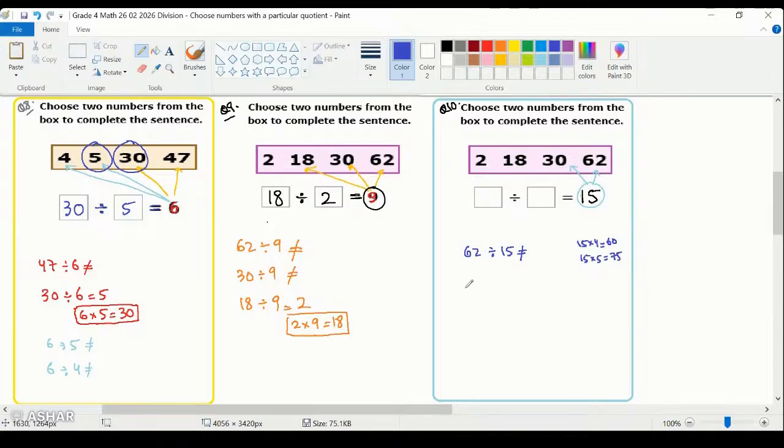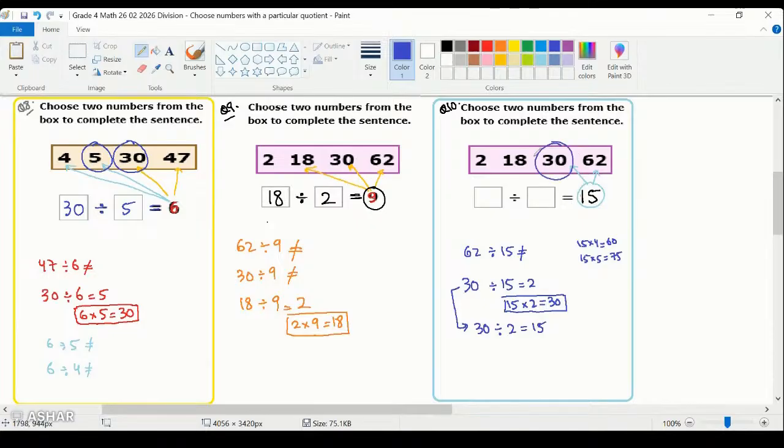But if 30 was divided by 15, we can say 2. That means 15 multiplied by 2 is 30. Or we can say 30 divided by 2 should be equal to 15 as well.